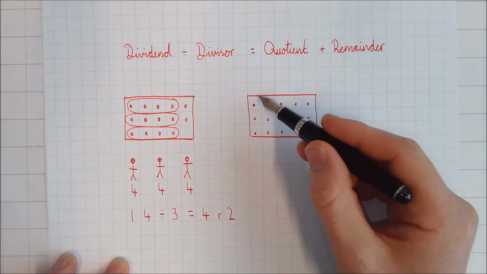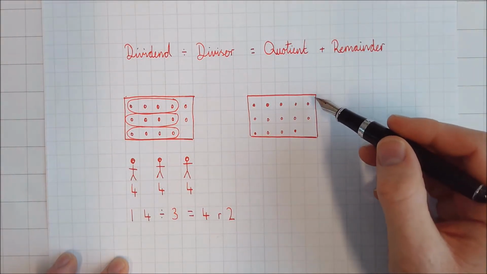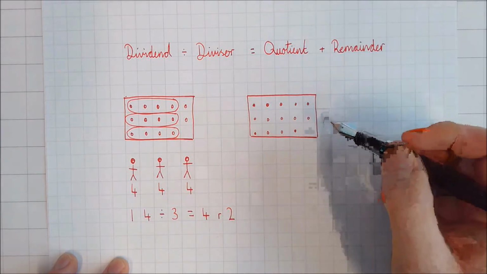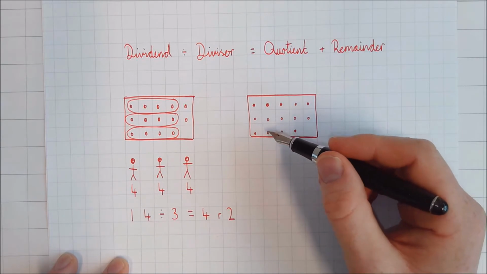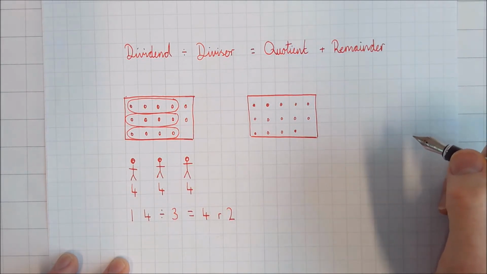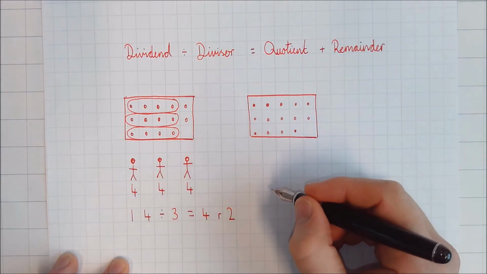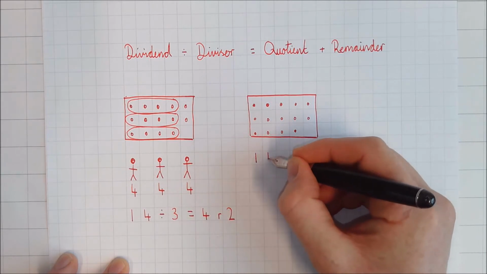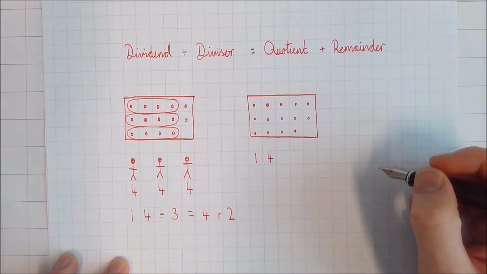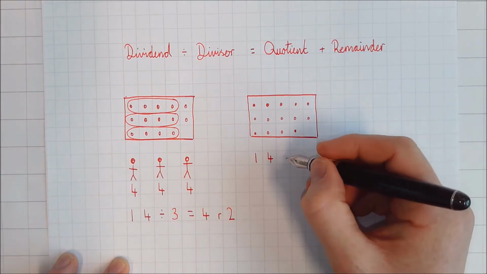Now imagine we've got the same box of chocolates, but this time we're going to split the chocolates into groups of 3. So we know the group size, we want to know how many groups we can make. Well, we still have 14 chocolates. We want to split it into groups of 3.